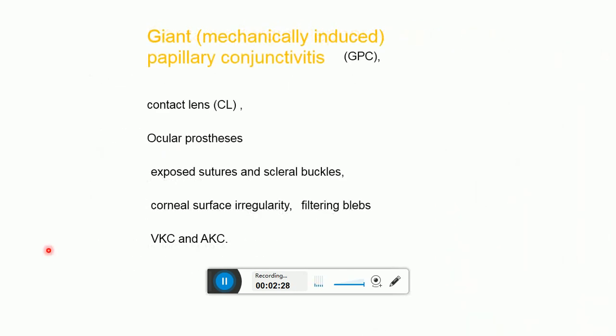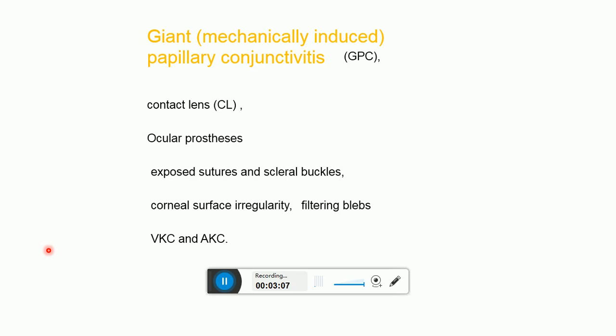Now, mechanically induced papillary conjunctivitis. A severe form is known as giant papillary conjunctivitis. GPC occurs secondary to mechanical stimuli of the tarsal conjunctiva. One mechanical stimulus is contact lens wear, in which case it is known as contact lens associated papillary conjunctivitis.